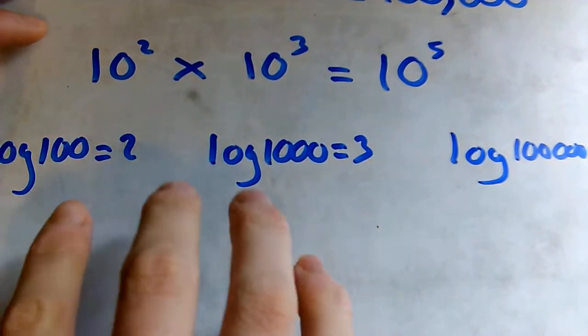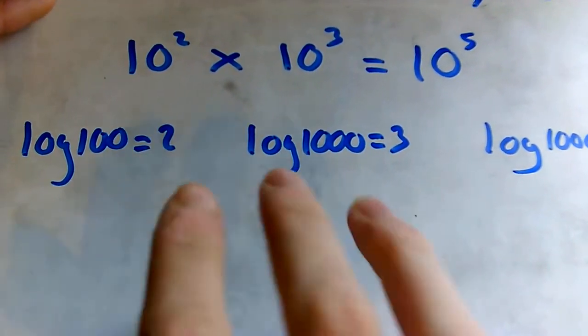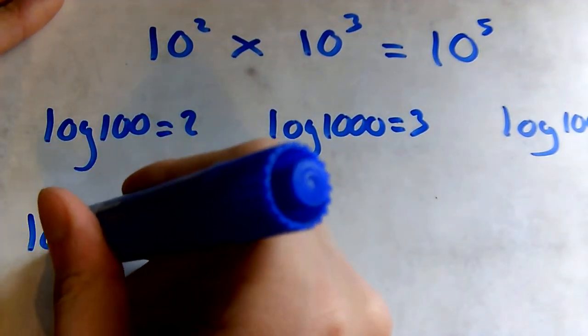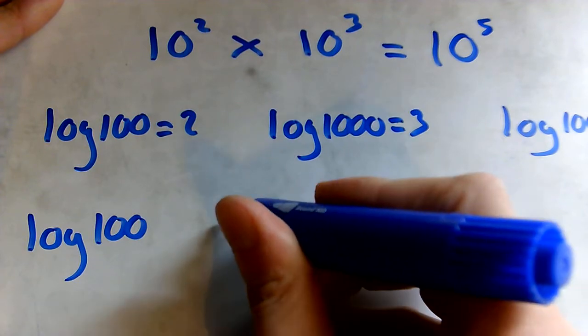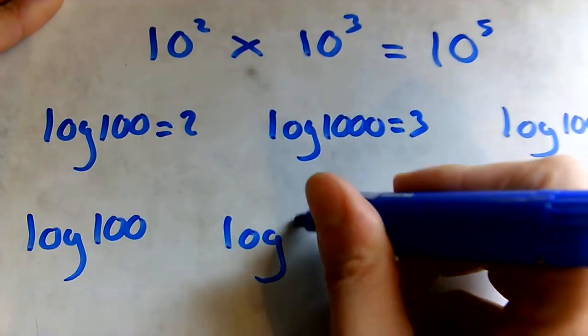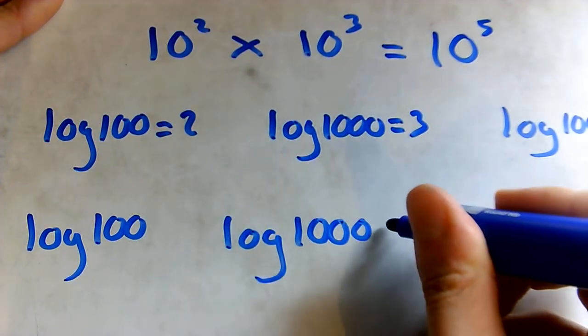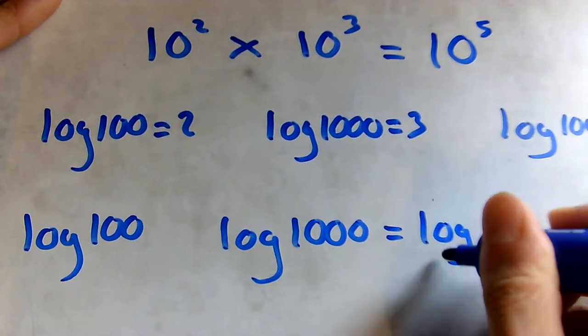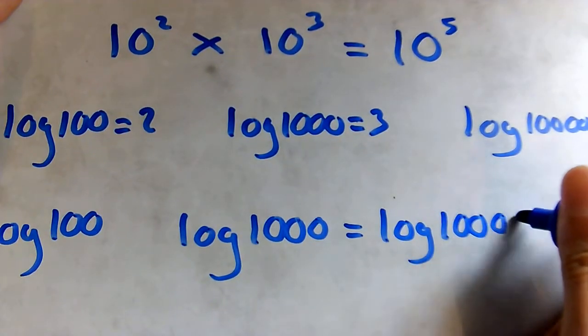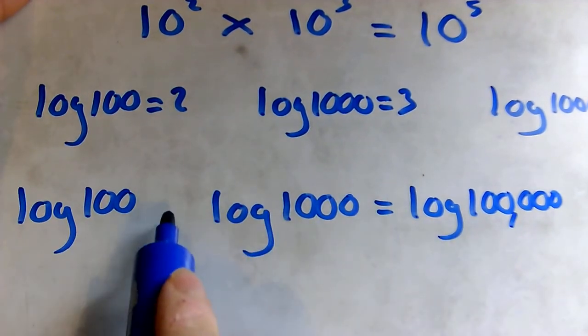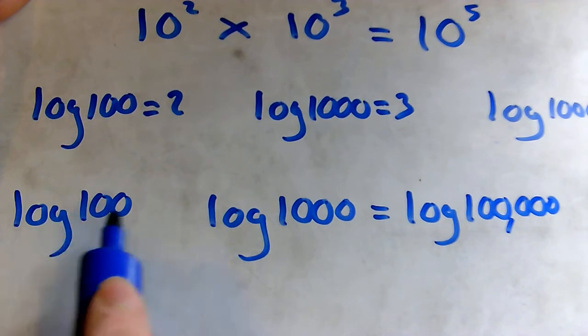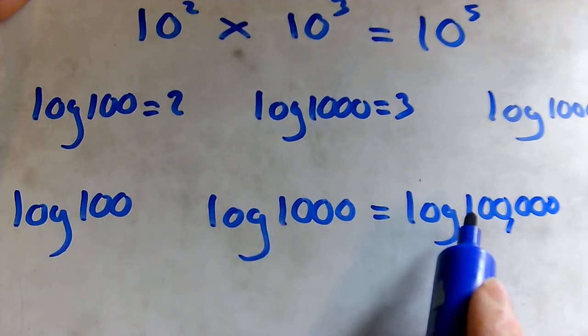So if I was going to try and make a similar equation using the logs, let's say log of 100, and then we've got log of 1000, and that's supposed to equal log of 100,000. What operation needs to go in here? Well, this is 2, this is 3, and this is 5.